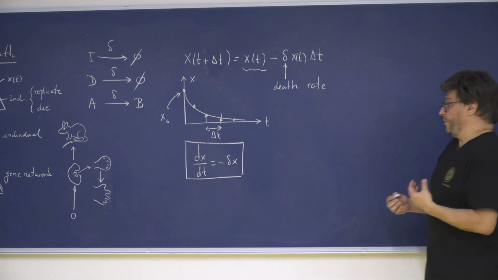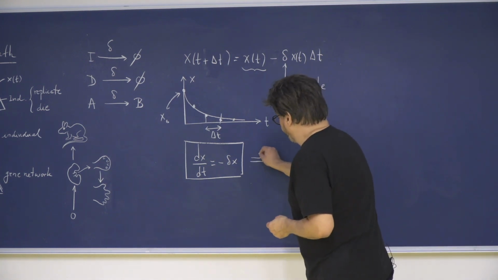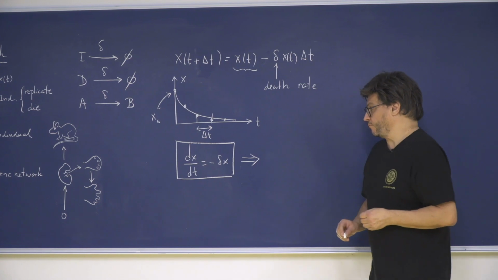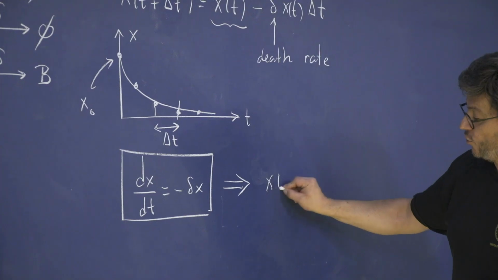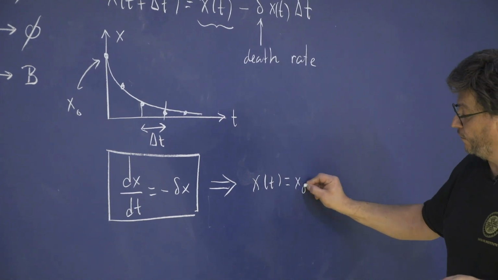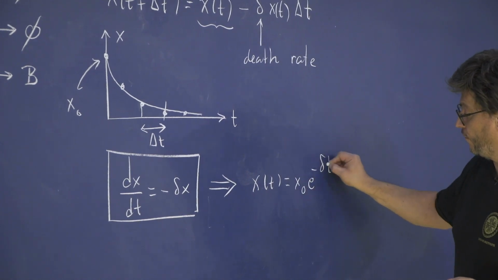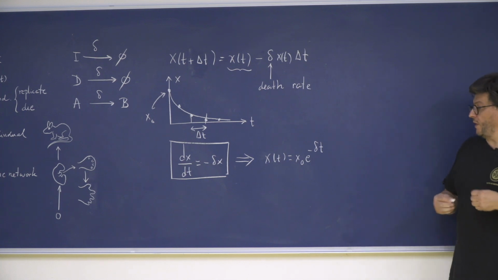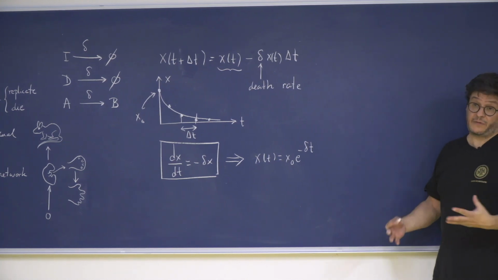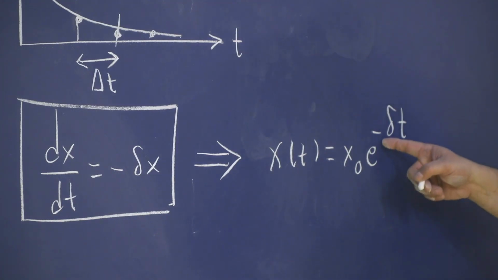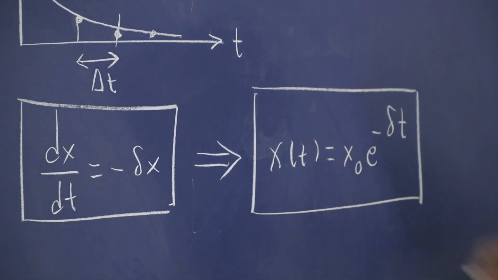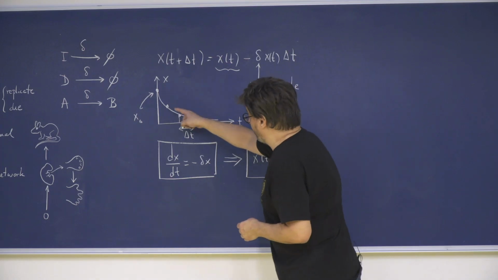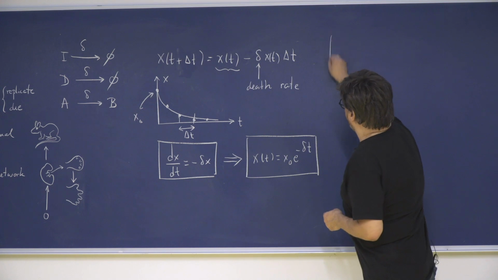From here, it's very simple also to obtain the solution. That's my differential equation for death, and that's my solution. Okay? Which is exactly the same, except for a very fundamental thing, which is the sign. The sign is minus. And that means that now, when I look at the population dynamics, I'm going to see a decay in time.